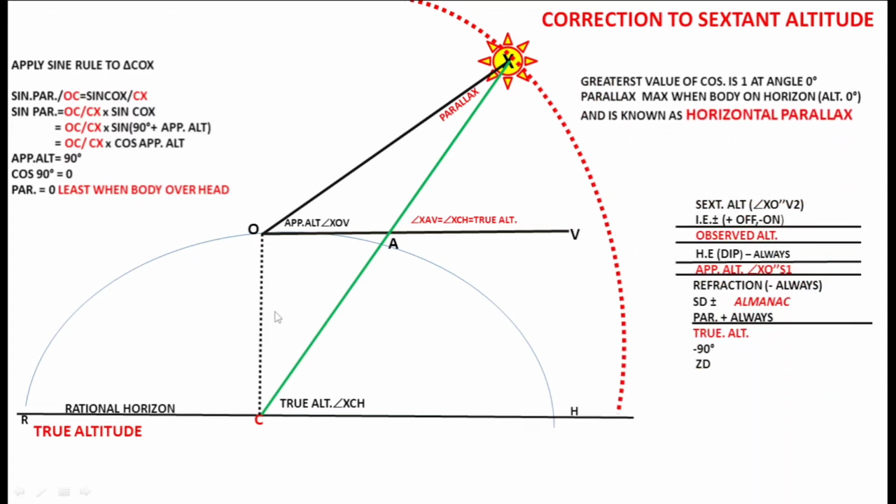Now with the same formula, cos is at its maximum, that is 1, when the angle is 0. If my altitude was 0, then I will have the value 1 here, and at that particular time the parallax would be the maximum, and we call it the horizontal parallax.